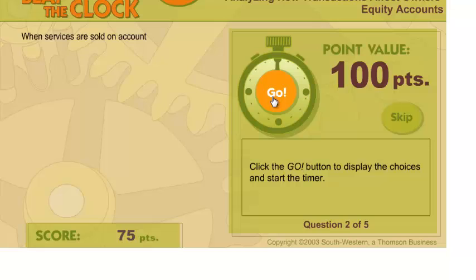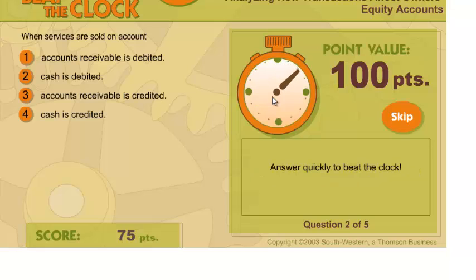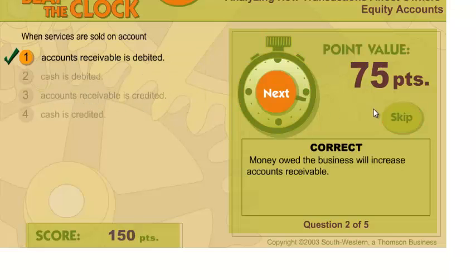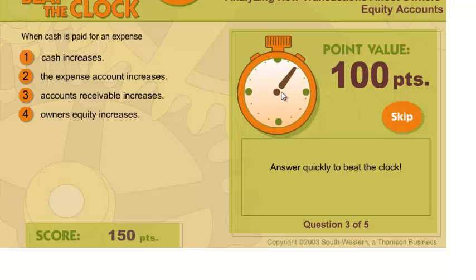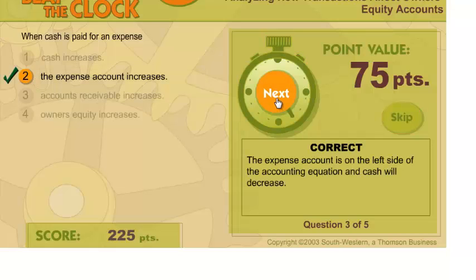When services are sold on account, accounts receivable is debited. When cash is paid for an expense, the expense account increases.